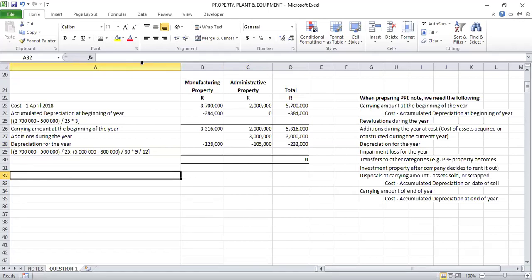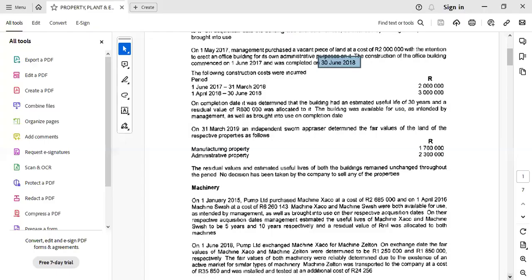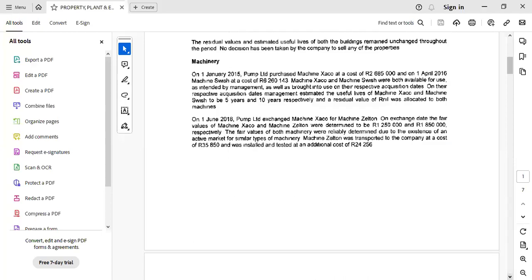Now we'll go to the machinery. On 1 January 2015, which was about 3 or so years ago, Pump Limited purchased a machine Shako at a cost of 2,685 million. And on 1 April 2016, machine Swish at a cost of 6,260,143.